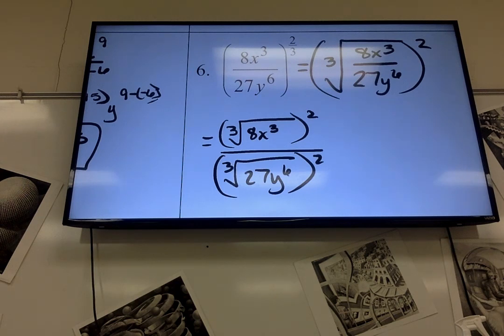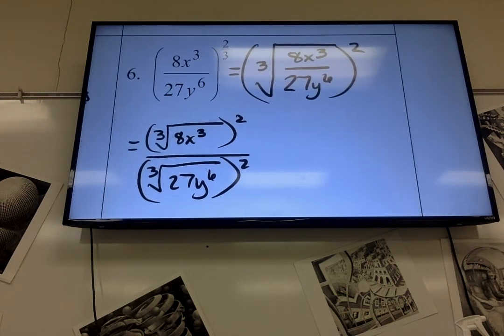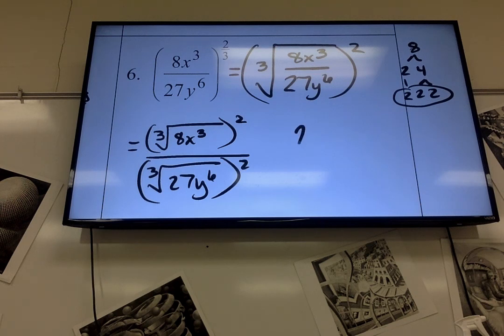Now, without a calculator, we can take a cubed root. We just break it down. 8 breaks down into, notice, 3 2s. So that means the cubed root of 8 is 2.